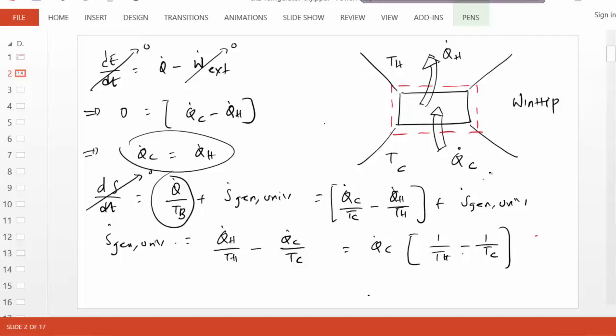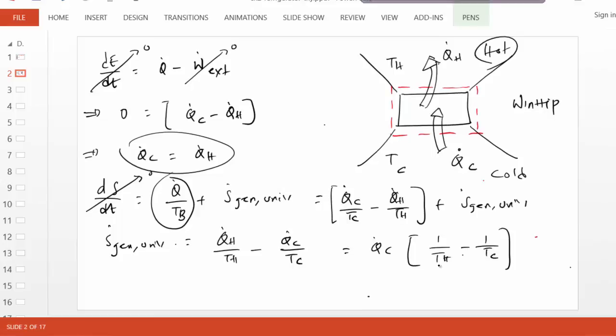This is the cold place, and this is the hot or warm place. So obviously the hot place temperature Th is higher than Tc. Therefore the inverse of that becomes a smaller term. Therefore this term becomes negative, because Q dot C is a positive quantity. So S dot gen being negative means it violates the second law of thermodynamics.